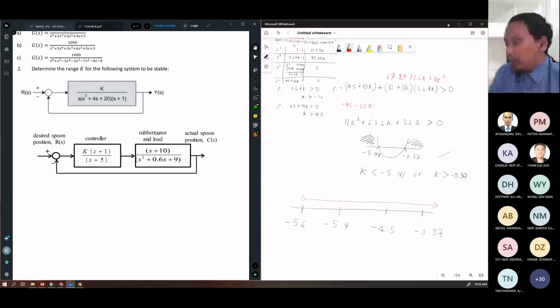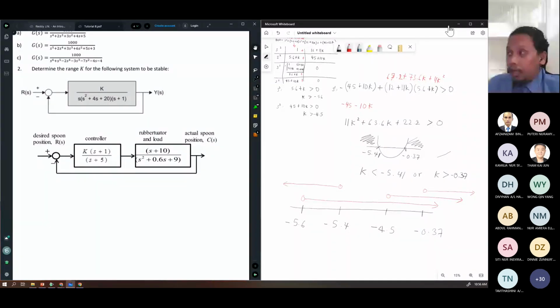And K also bigger than negative 4.5. And then K less than negative 5.4 or K bigger than negative 0.37. And then you need to find the range of K that intersect all of the 3 lines together.